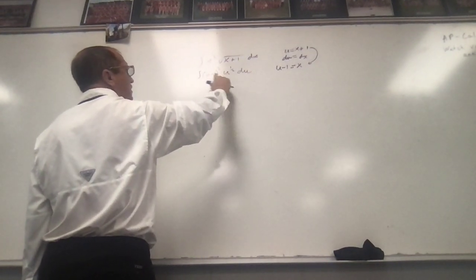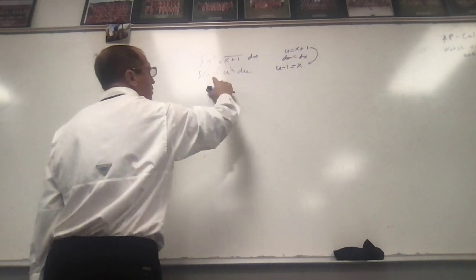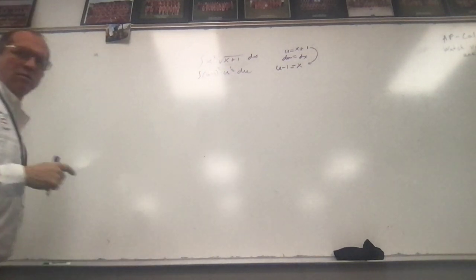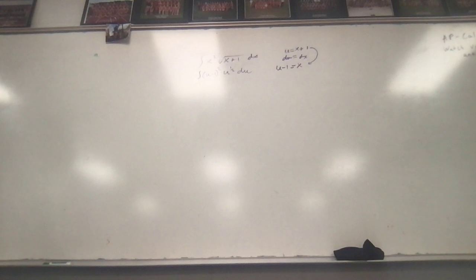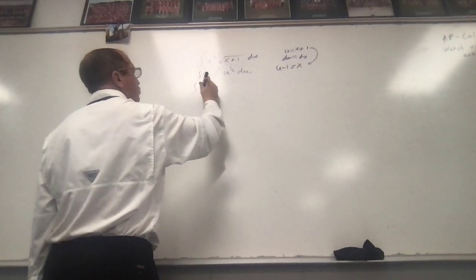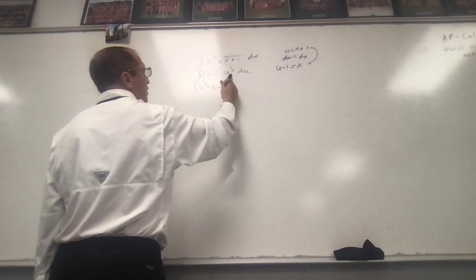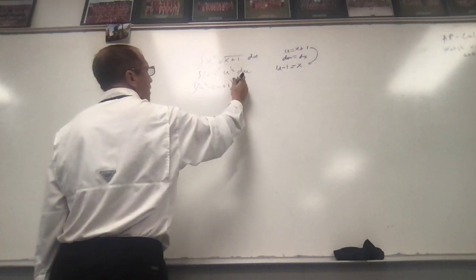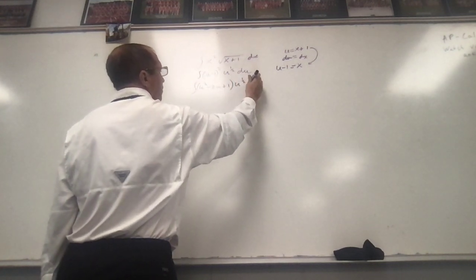But in this case right here, I can square this binomial out, and I can distribute the u to the 1/2 into that parenthesis to get where I want to be. So let's square it. So I've got u squared minus 2u plus 1 times u to the 1/2.